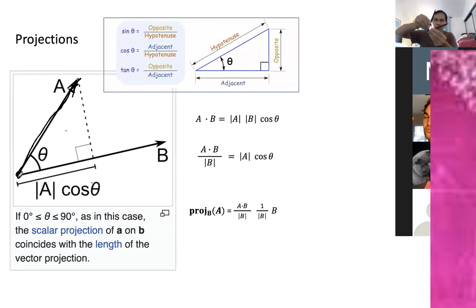So I can bring them to one point, to the origin. So they are both attached to the origin of the coordinate system. So this is another vector B.